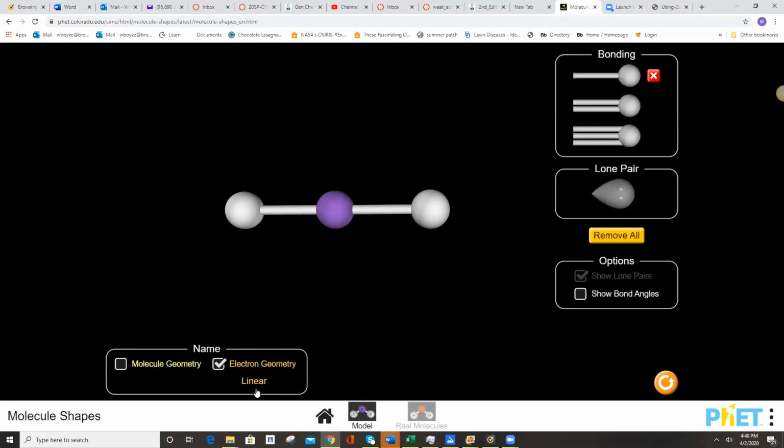Now the molecular geometry, that refers to how all of the atoms are situated with respect to each other. And you can see, because each electron group deals with a bond to another atom, that not only are the electron groups appearing in a linear geometry, but the overall molecular shape is also linear.